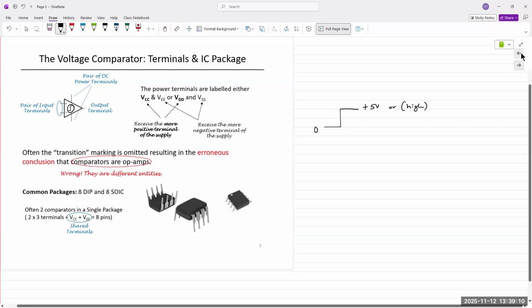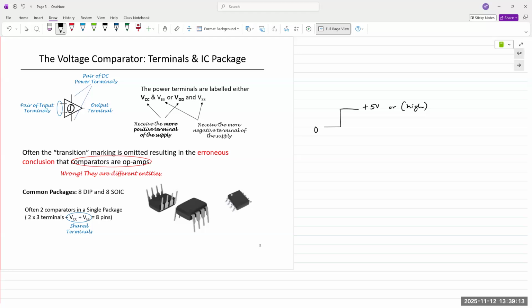Just some glossary. Power terminals are labeled as either VCC or VDD. The positive power rail is typically connected to VCC and VDD. The C comes from the collector terminal of a transistor. The D comes from the drain terminal of an FET.